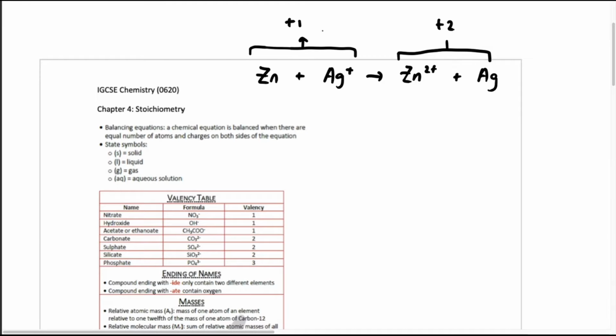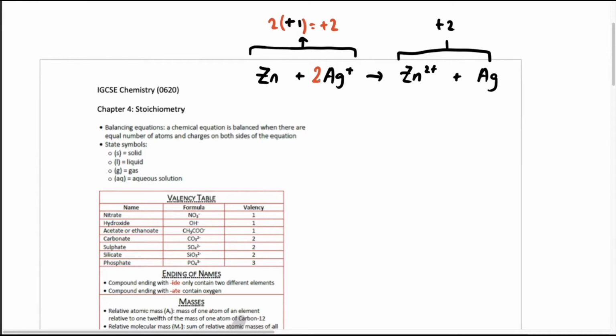So in that case, we need to multiply by 2 on the left, so that we get +2 at the end. When you multiply by 2, you need to multiply the one that contributes the charge. So you have to multiply by 2 for this silver so that the charge becomes 2+.